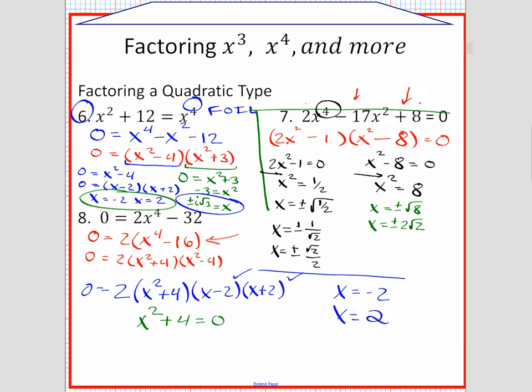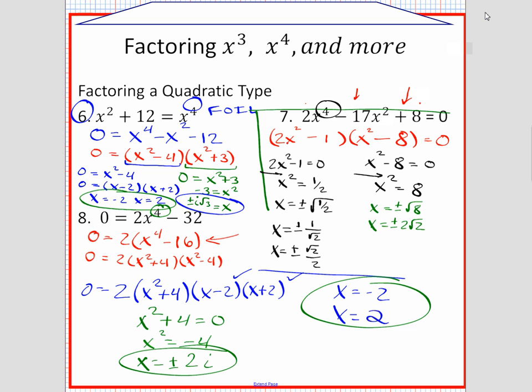When I set x squared plus 4 equal to 0, I get x equals plus or minus 2i. So 4 solutions, plus or minus 2i, and positive or negative 2. This matches with the exponent of 4 that I was hoping for at the very beginning.